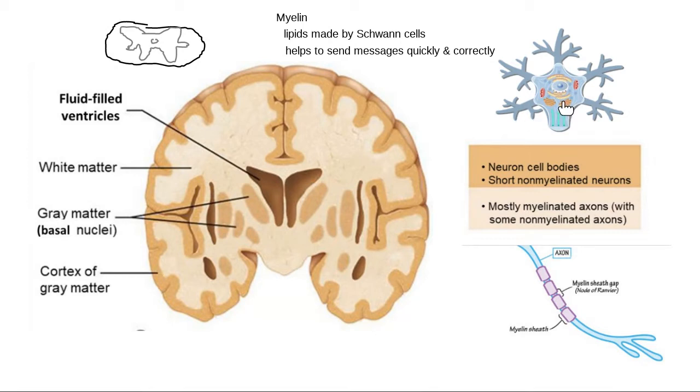There are some neurons in the body that even on their axons don't have myelin either. So if you're a neuron that has no myelin on your axon, or if you are a neuron that does have myelin on your axon, but you travel a long distance, you could have your cell body with those dendrites up here in the gray matter and have your axon extending here in the white matter.